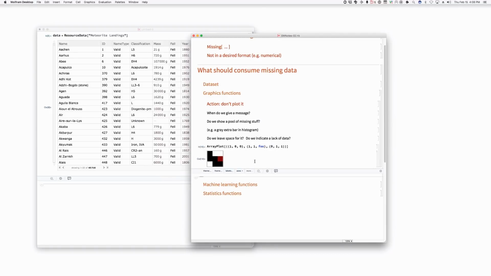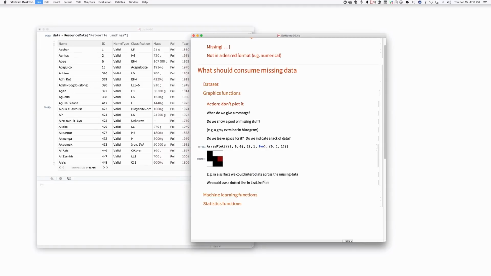Right? Mm-hmm. So similarly, there are various actions, e.g., in a surface, we could interpolate across the missing data. Another thing we do for some of these is use a dotted line in ListLinePlot.